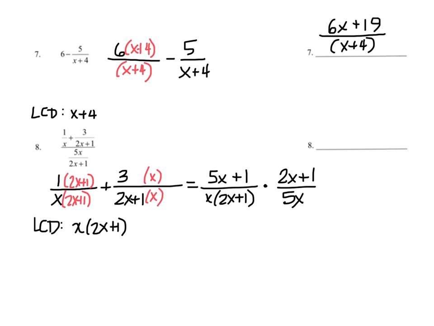And I'm now going to cancel common terms, common factors. So this 2x plus 1 and this 2x plus 1 are common factors. If I were to cancel this and this, I would have just killed a cat.